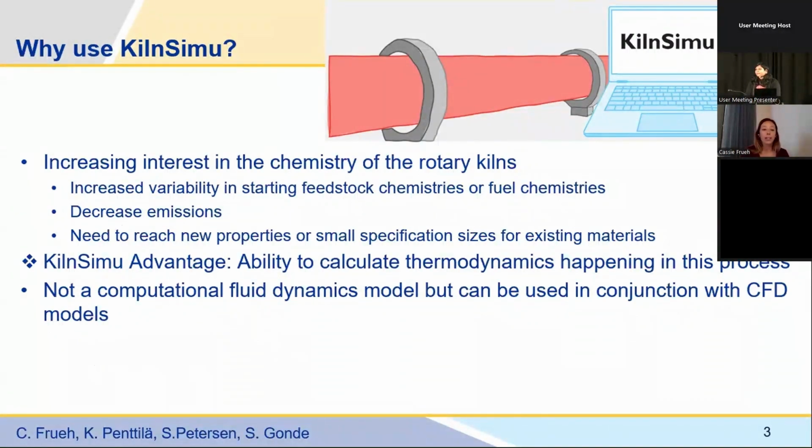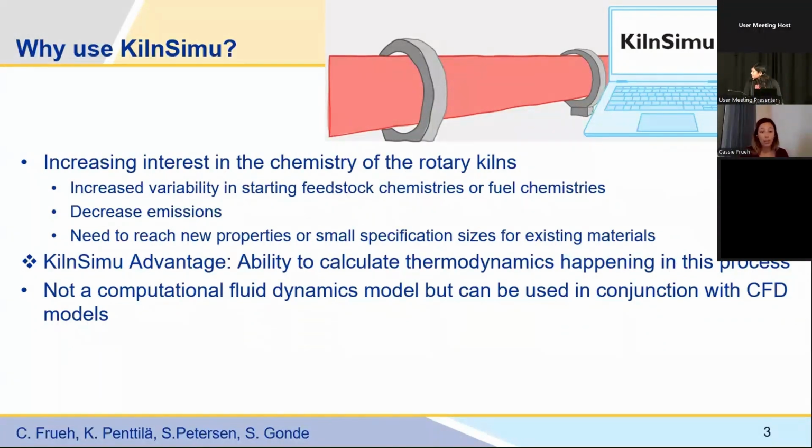And there's an increased variability in starting feedstock chemistries or fuel chemistries. Some of it is due to the need to decrease emissions. There's also a need to reach new properties, whether that be small specification changes for existing materials or completely new materials. So a lot of companies themselves develop models with computational fluid dynamics.